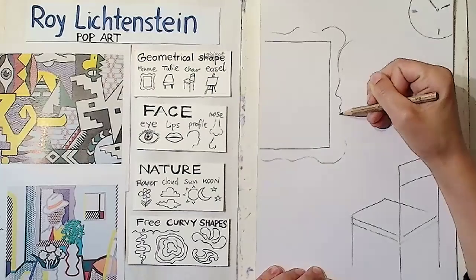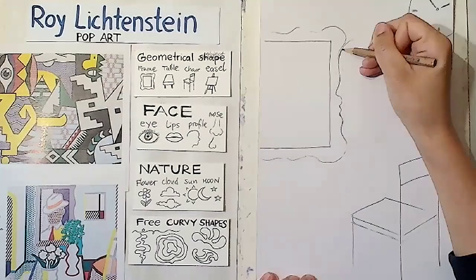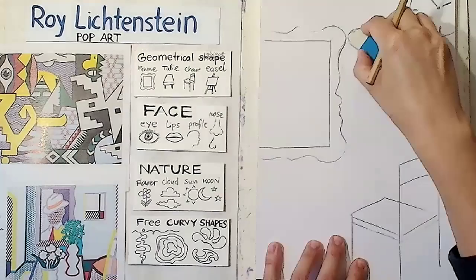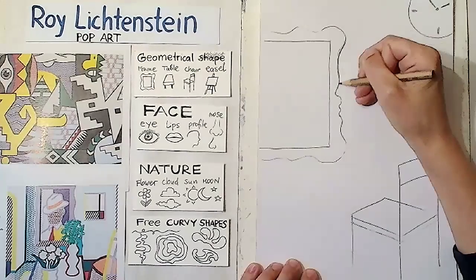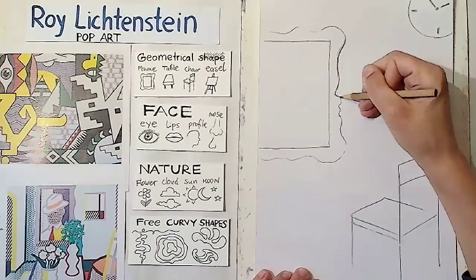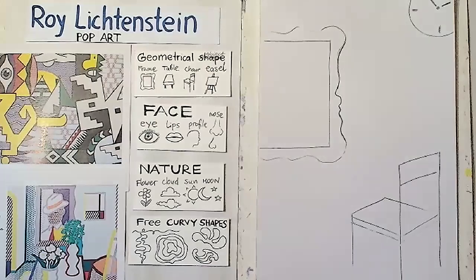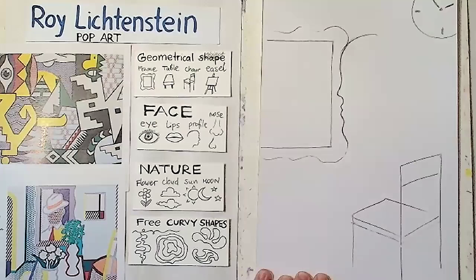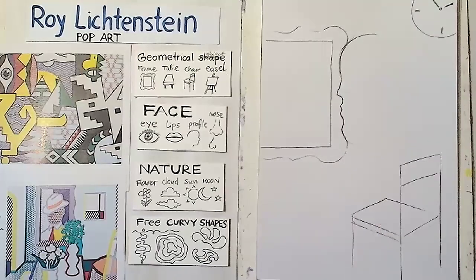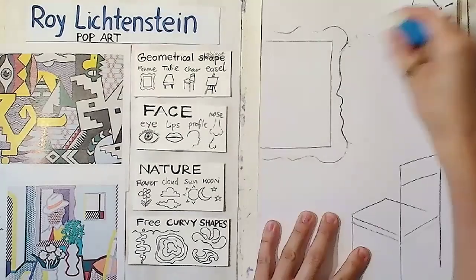So here I have made a hidden profile. Maybe you don't even see it from the first side. Making the head more visible helps. And I think I'll do also the lips and the eye.